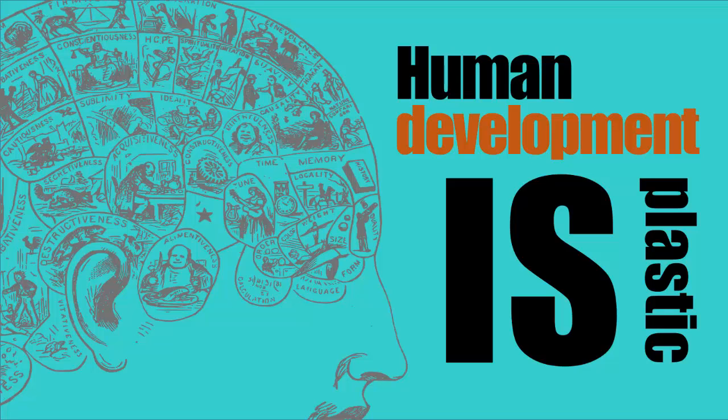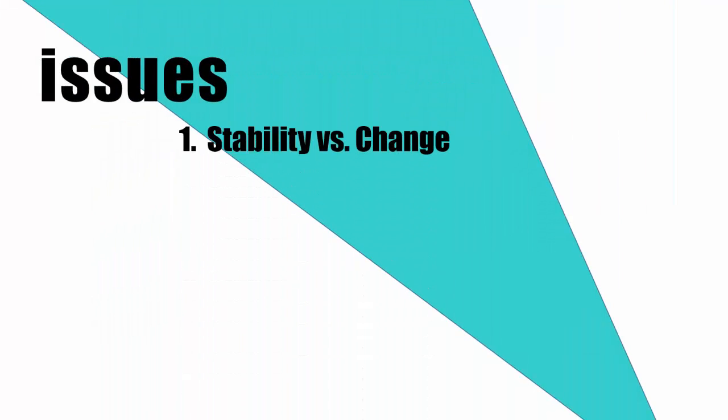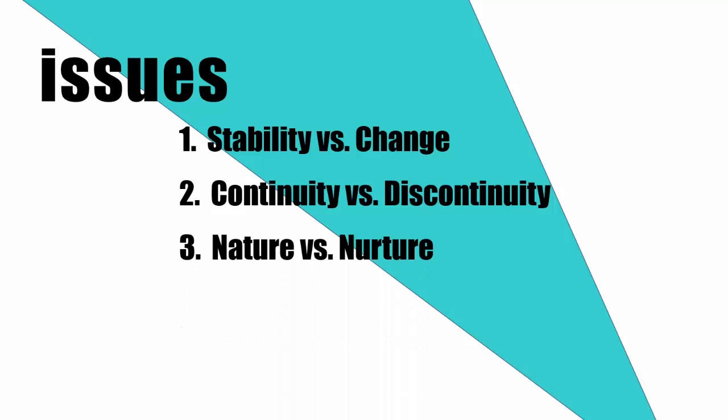Our final topic for this presentation is the topics of debate or unresolved issues related to human development. These issues are stability versus change, continuity versus discontinuity, and nature versus nurture. Let's talk first about stability versus change.